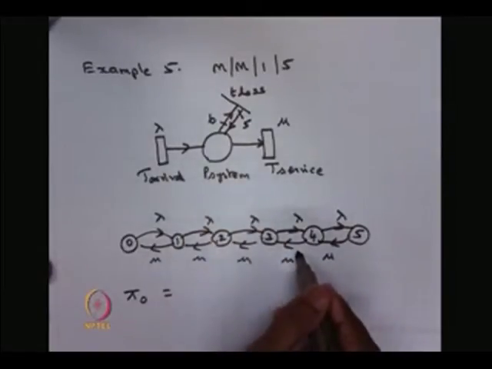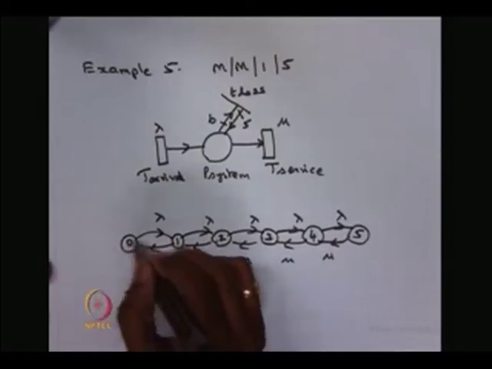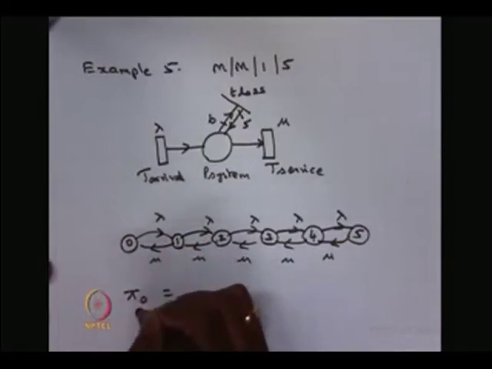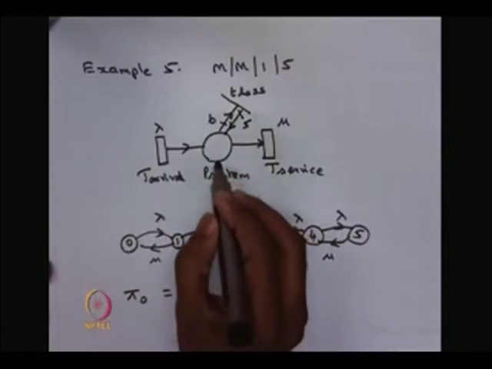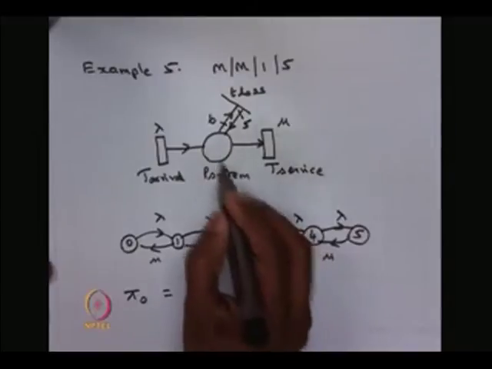In the CTMC, the probability that the system is in the state 0 in steady state is same as the probability that in steady state the place P system has no tokens.